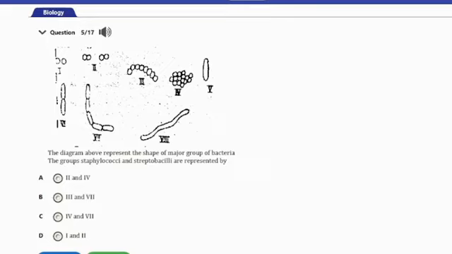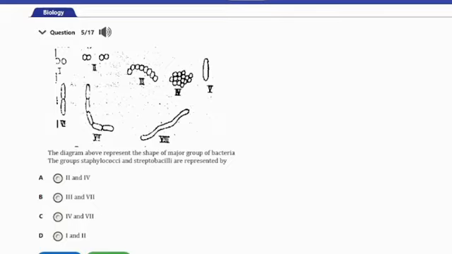So the structure here, IV, is the Staphylococci. So it's actually from the cocci family. That's the round-shaped bacteria. But you see the way they are clustered here, that makes it staph. So it's Staphylococci. Whereas you have Streptobacilli as VII. So bacilli is actually a rod-shaped bacteria.